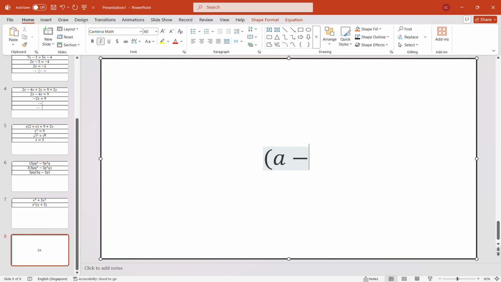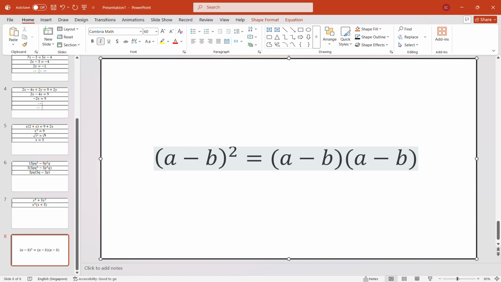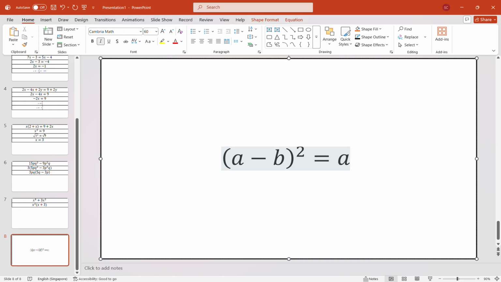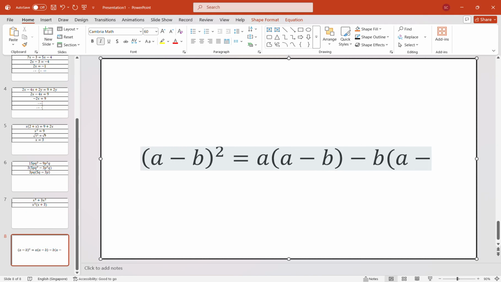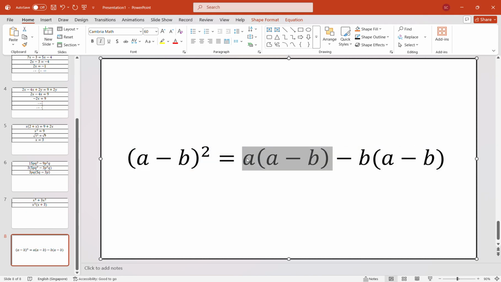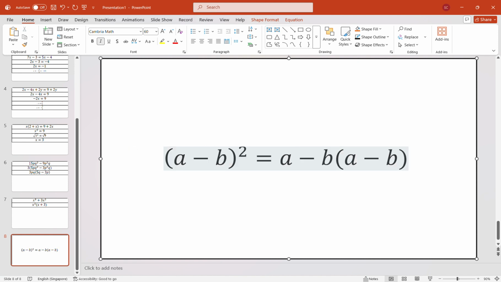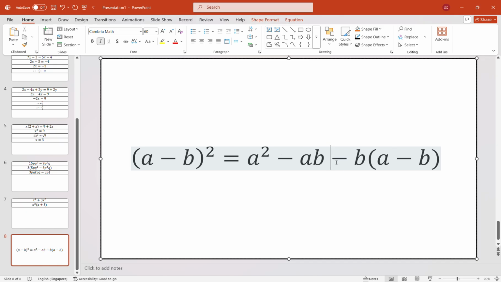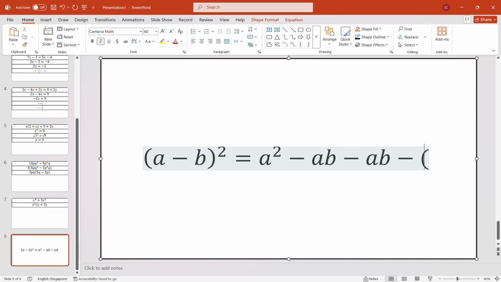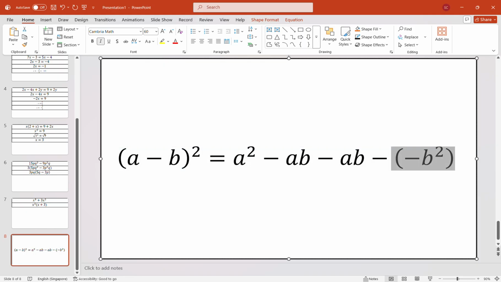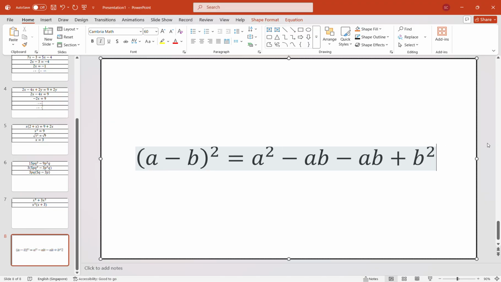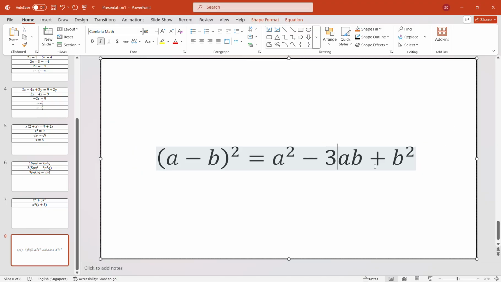Alright, now (a minus b) squared equals (a minus b)(a minus b), giving us a(a minus b) minus b(a minus b), giving us a squared minus ab, and then minus ab plus b squared, and then we simplify like terms to give us minus 2ab.